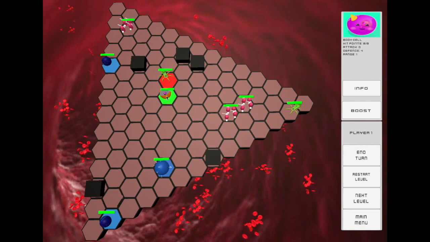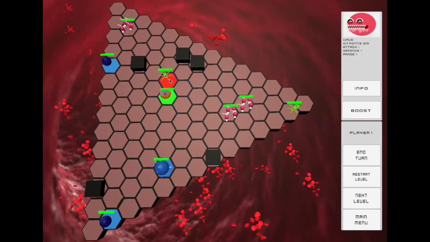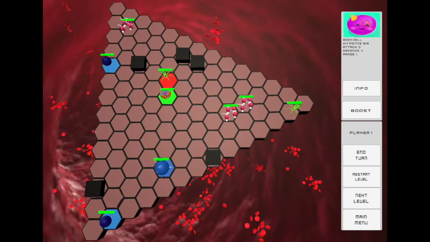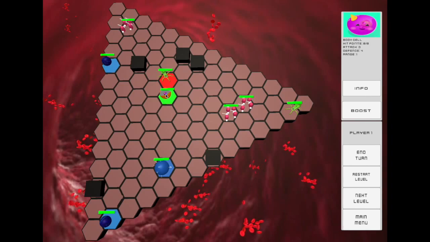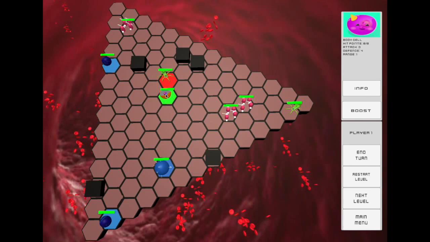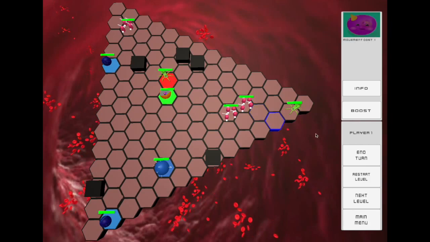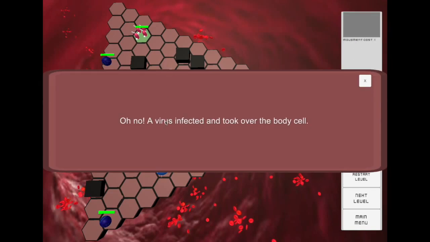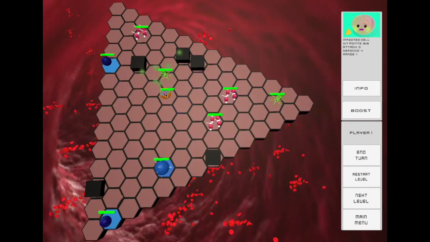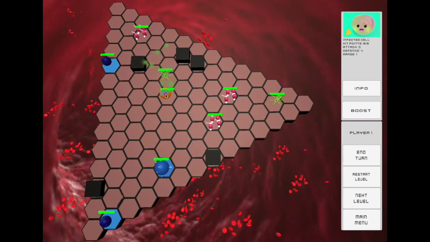The mechanics of the game try to stay as true to real life as possible. So for instance, this is a body cell, just representing one of your natural cells that's not a white blood cell. And your immune system is there to protect your body, to protect your body cells. So when this virus, I hit end turn here, attacks and takes over the body cell, that's true to what happens in real life.